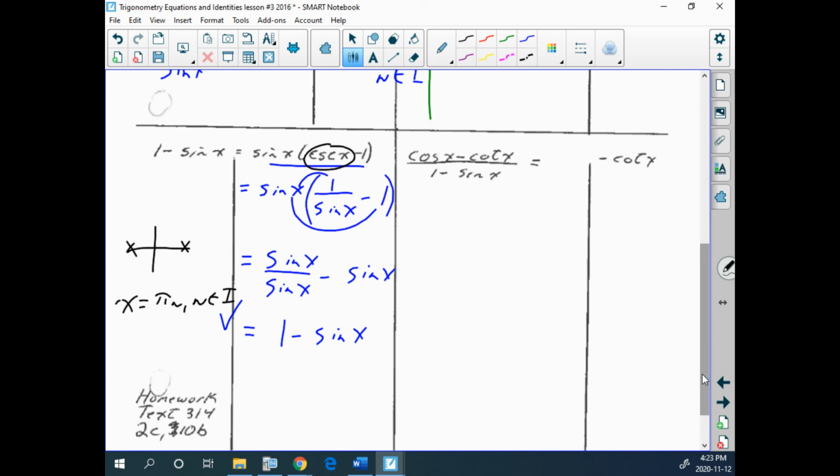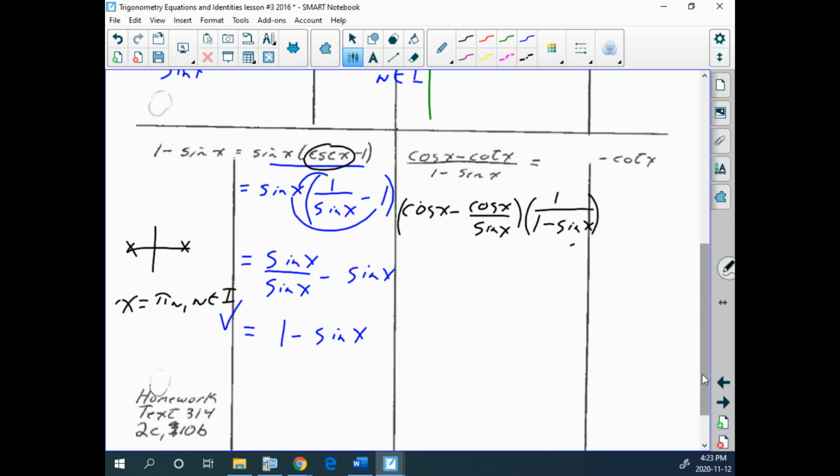Again, we are doing this with straight brute force. I'm going to write cosine x minus cos x over sine x. And for timeliness sake, I'm going to multiply it by 1 over 1 minus sine x, just because it avoids that fraction over a fraction. Leave this guy alone for now. Here, I need a common denominator to subtract them.